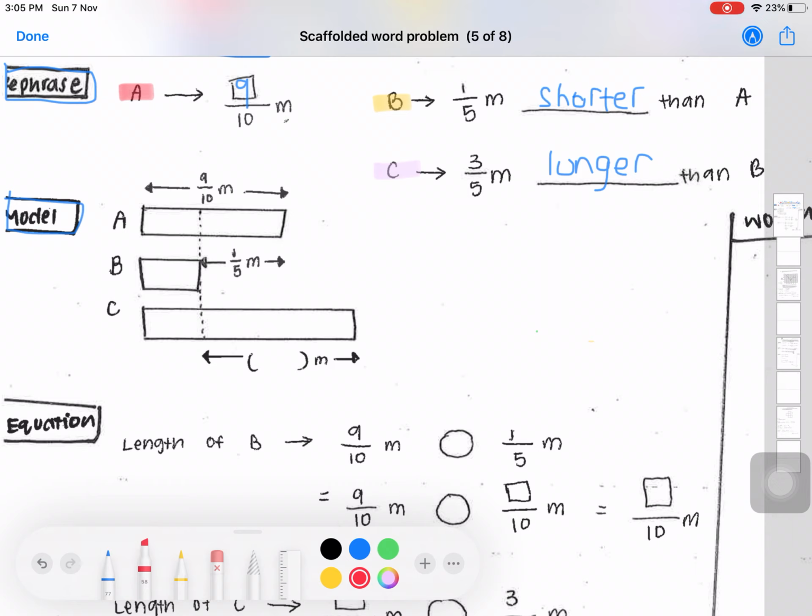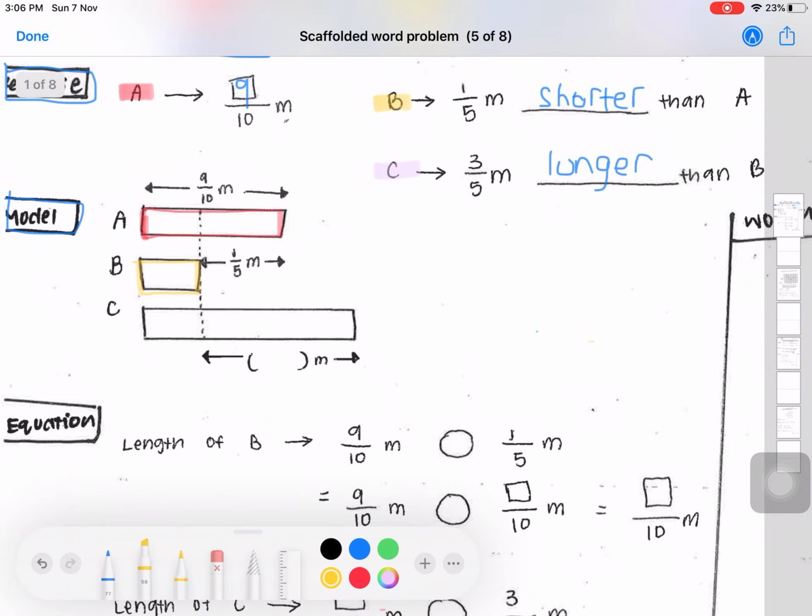Wire A. We know that wire A is 9/10 meter. This is wire A. And so there's a 9/10 meter for wire A. And wire B is shorter, so its model is shorter than wire A by 1/5 meter.